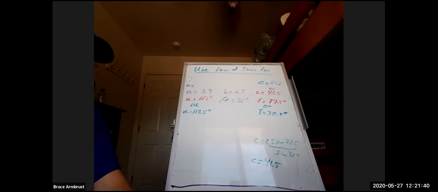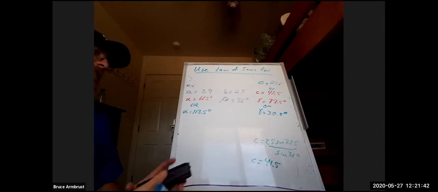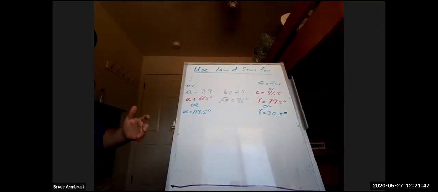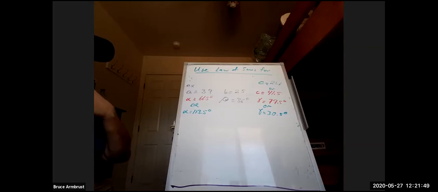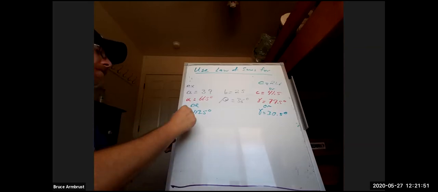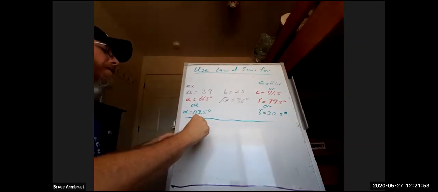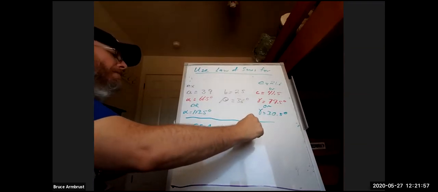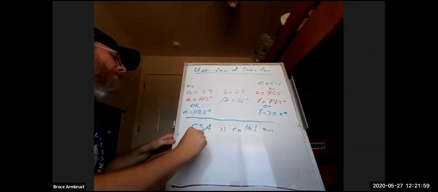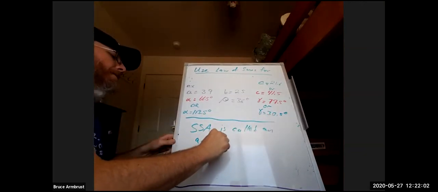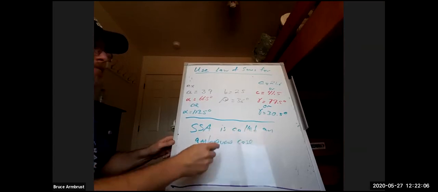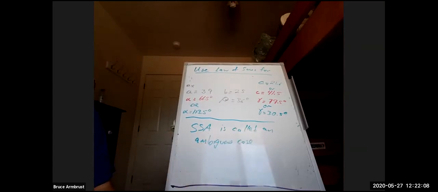Ugh. Okay. There's nothing we can do about this. It's just the way that this works. So let me just write this here. Side-side-angle is what we call an ambiguous case. Ambiguous, that just means we're not really sure.